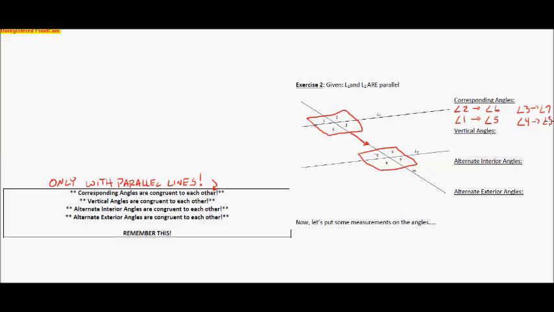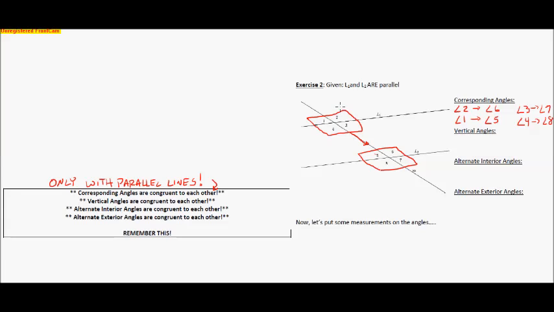Okay? So since these two are parallel, what we call this is two parallel lines cut by a transversal. That's what this line would be, a transversal. Okay? What we would call these are corresponding angles, and what I could do is I could put some actual degrees on here.